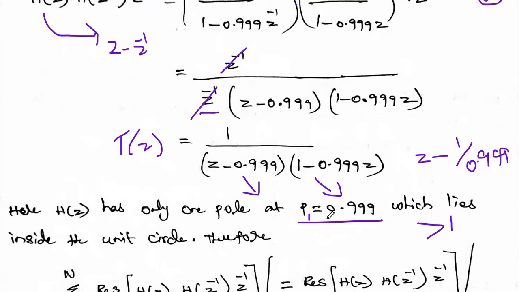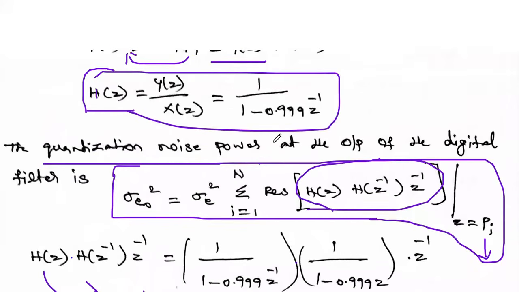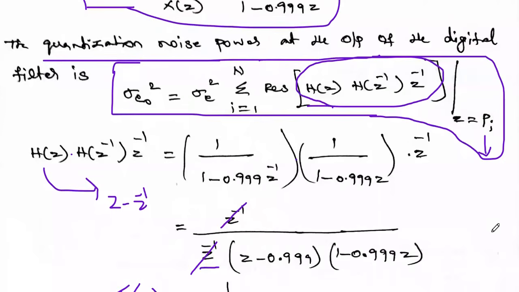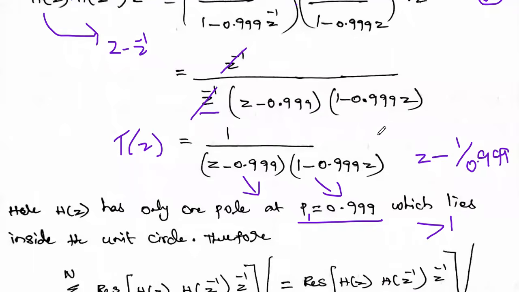In order to calculate the residue value, we take the residue of the total function at z equal to pi, where pi is the poles inside the unit circle. A pole inside the unit circle means the pole value is less than 1. The first pole, 0.999, is less than 1, but the second pole, 1 divided by 0.999, is greater than 1 only, so we neglected the second pole.